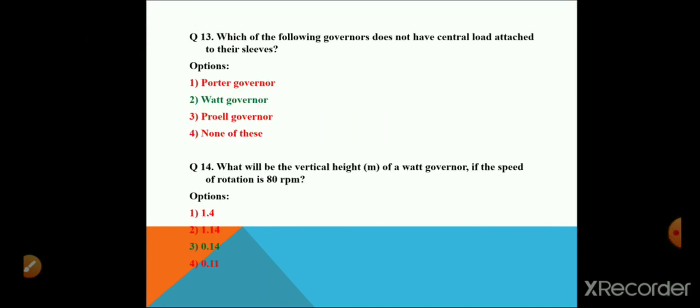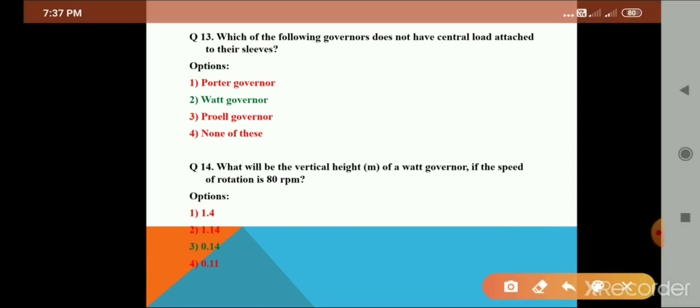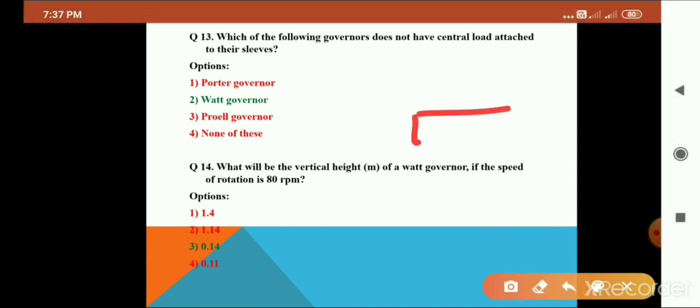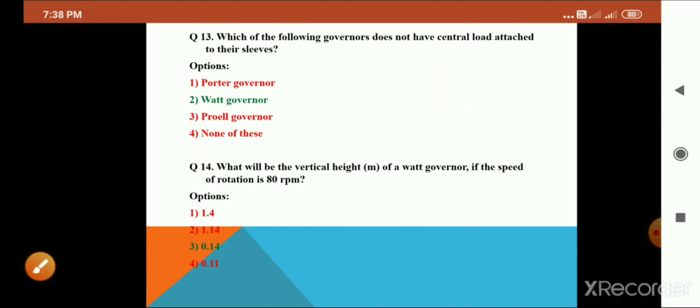Which of the following governors does not have a central load attached to its sleeve? In the case of a Porter governor, the sleeve is not massless. You can see the mass here, and in the case of a Proell governor, you also find that the sleeve has mass, but in the Watt governor, the sleeve is massless. So option 2 is the correct answer.